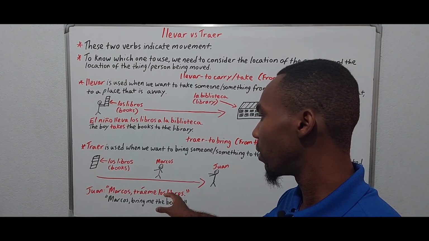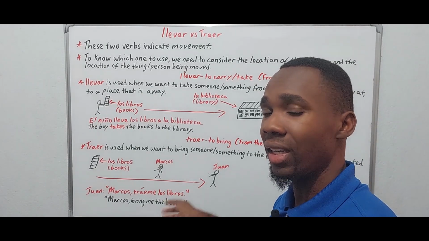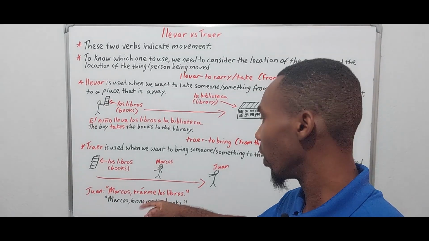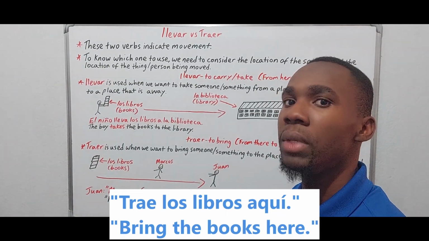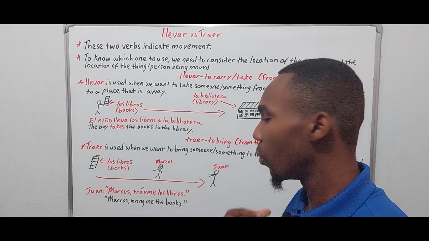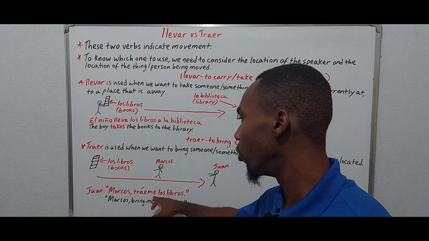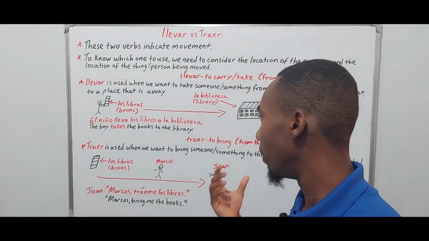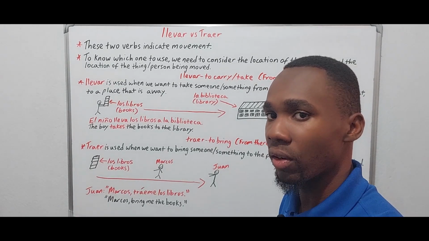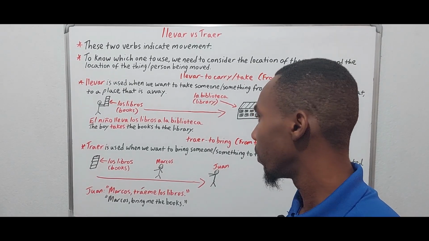If I wanted to use aquí, I would have to remove me. So I could say, trae los libros aquí, because aquí would mean to me. If I want to use aquí, I would have to remove me, because me indicates the location. And where am I located? I am located here, which is Juan.